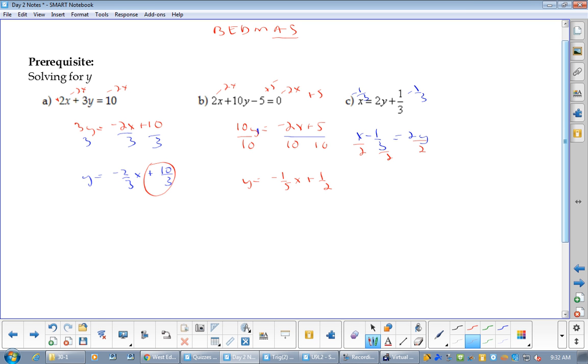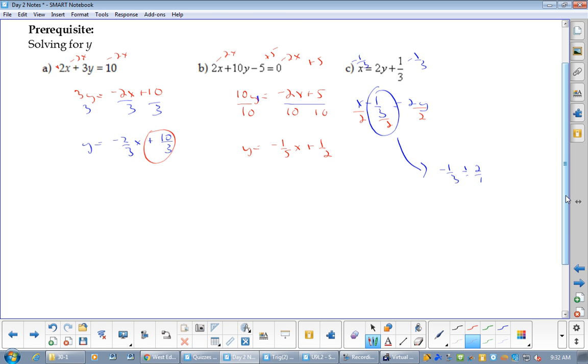So that's confusing, hey? 1/3 over 2. This is the same thing as negative 1/3 divided by 2, correct? That's what that means. All I'm doing is writing a different form, which is 2 over 1, correct?